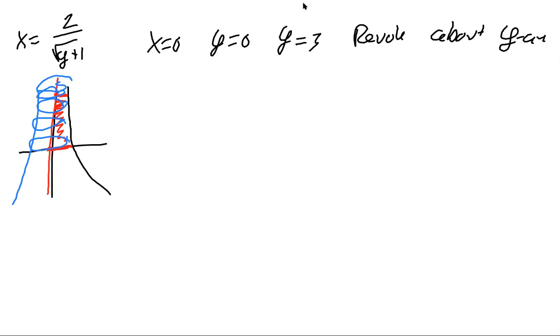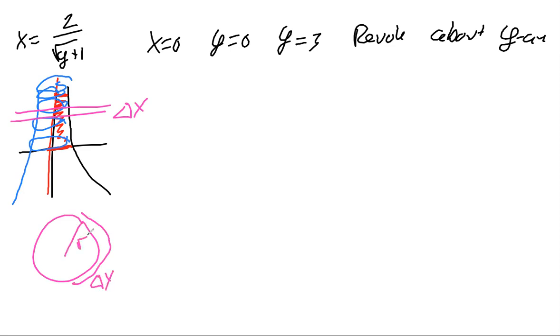So if we take a typical cross section of this, that's a little delta y now. If we turn that on its side, a little thickness, that's a little delta y. That is a radius. Well, all of a sudden, that radius is this distance, which is an x. So r equals x. Well, x equals 2 over the square root of y plus 1.